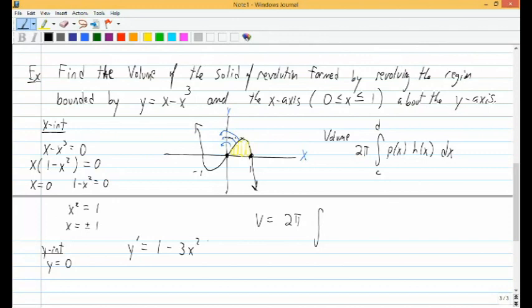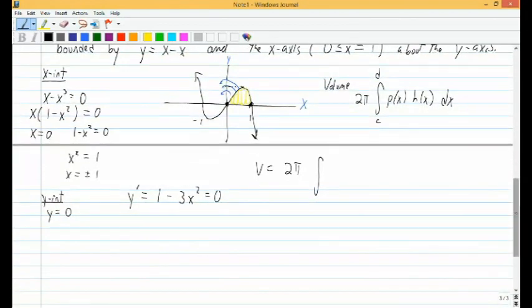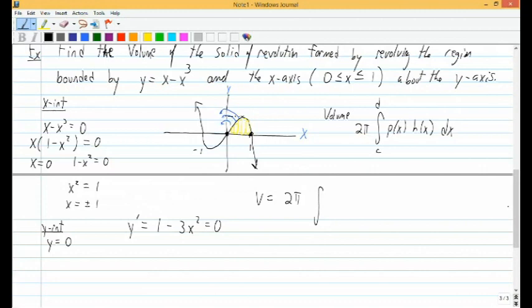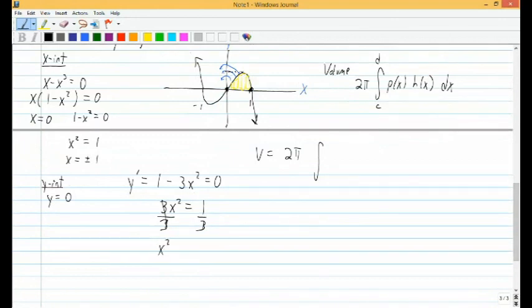And if you set the first derivative equal to 0, that gives you all the critical numbers. So you'd have 3x squared equals 1. If you move this over and flip it around, you divide both sides by 3. And so you have x squared equals 1/3.